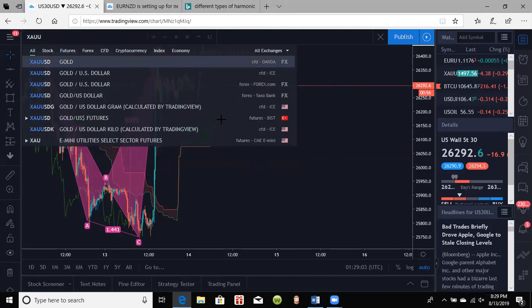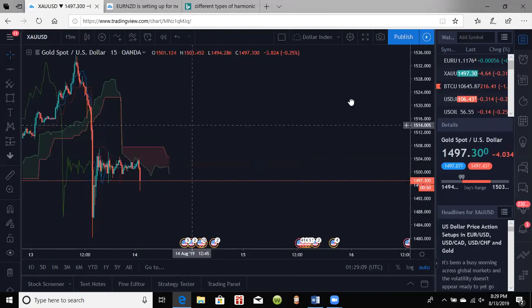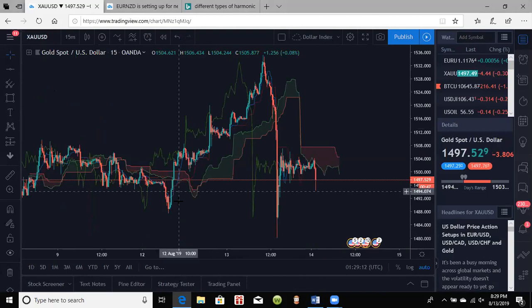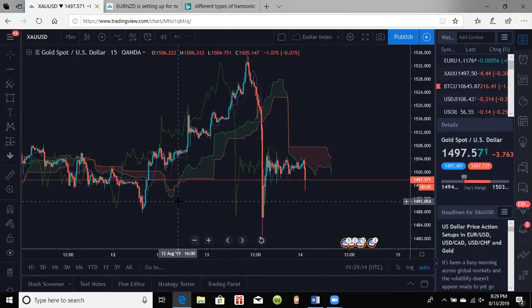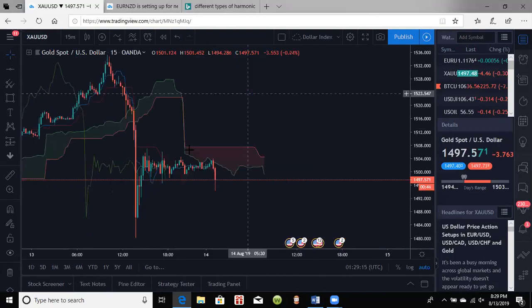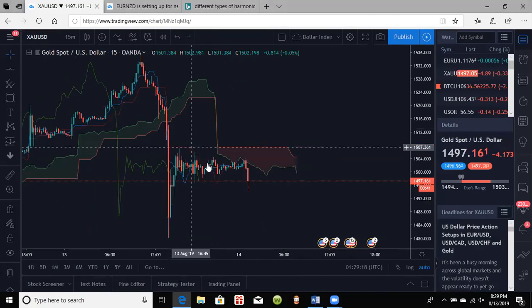So on the 15-minute, gold is still a sale, right? Still a sale. I can't really say that this is really forming a pattern, because through all consolidation, it's not going to give you M's and W's every time. It's just not, right?